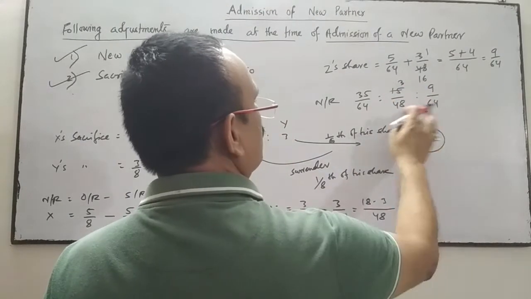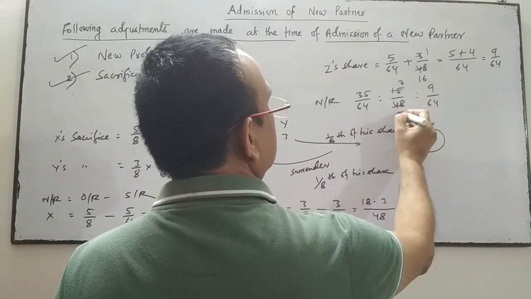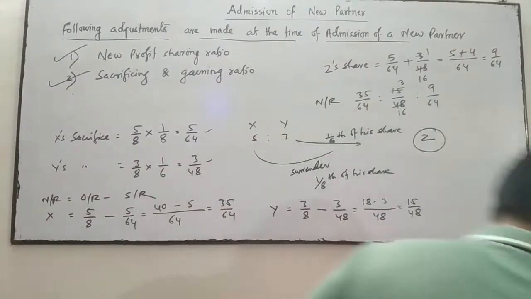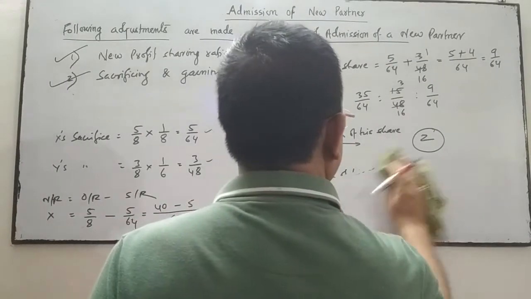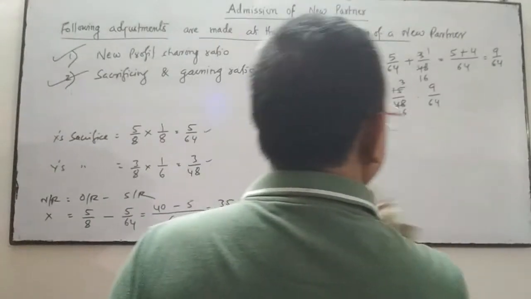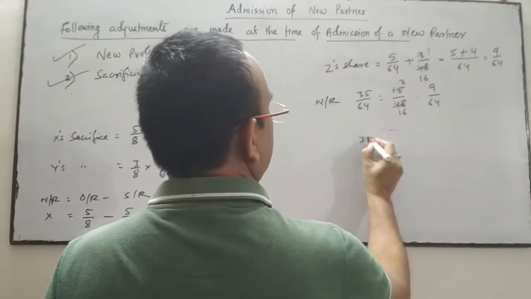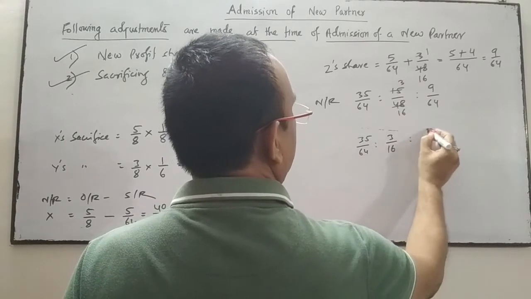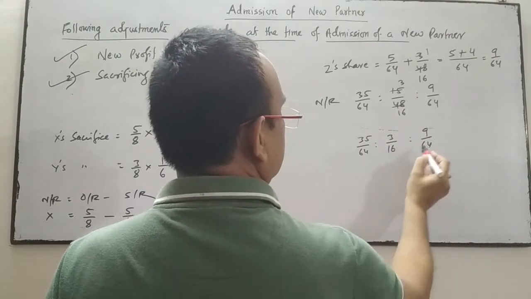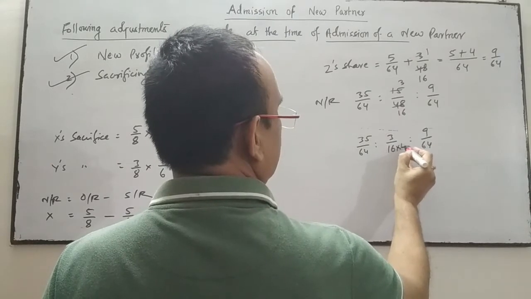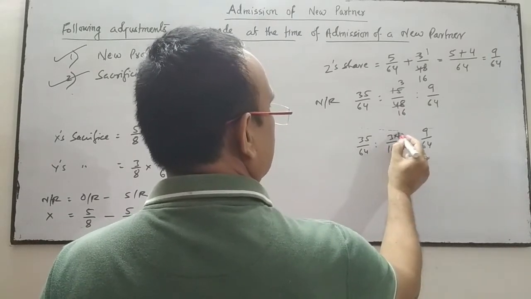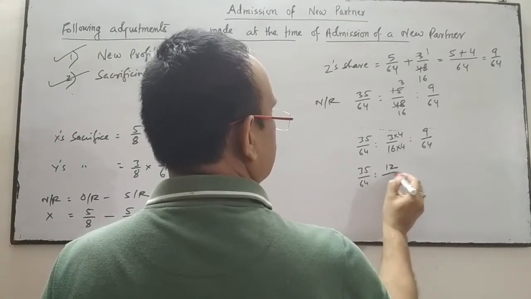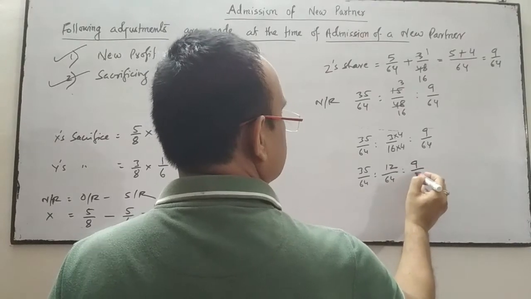I'm going to make the denominators equal. So it is 35 by 64, 3 by 16 and 9 by 64. Now to make the denominator equal, I multiply by 4. So it is 35 by 64, 12 by 64 and 9 by 64.